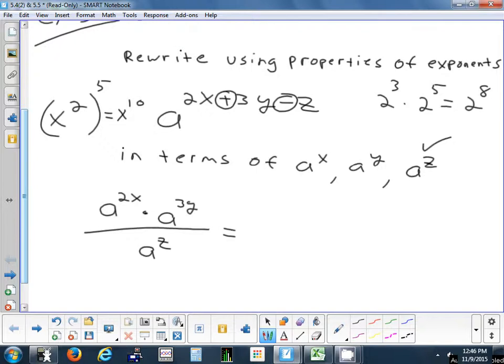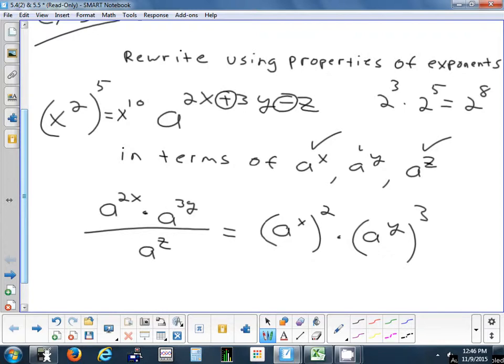All right? So how could I rewrite a to the 2x? Thinking about it, starting with this. What would you do to a to the x to make it a to the 2x? So a to the x squared. Yeah. Okay, so there's a to the x. Do the same thing with a to the 3y, make it a to the y cubed.